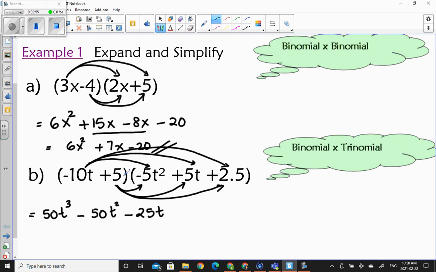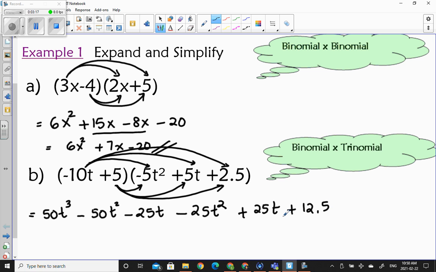Now we're going to multiply the 5 with all the three terms. So negative and positive is negative. 5 times 5 is 25t squared. 5 times 5 is plus 25t. And 5 times 2.5, again, plus 12.5.